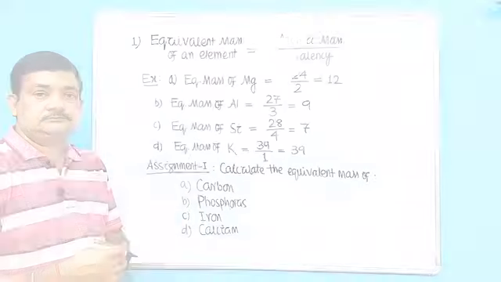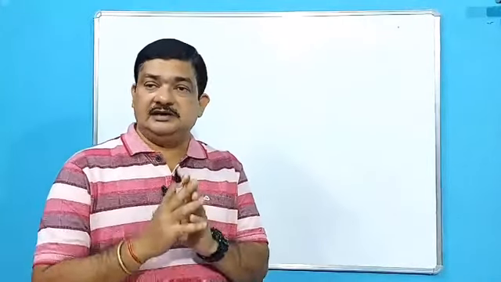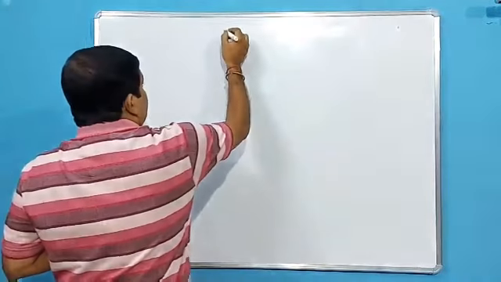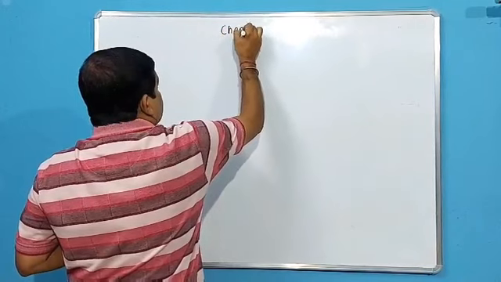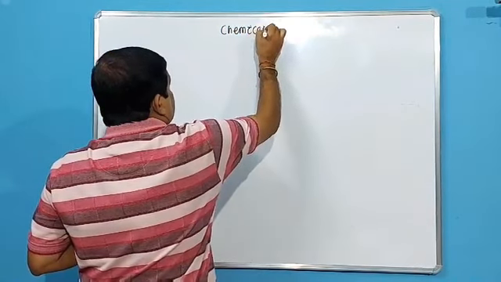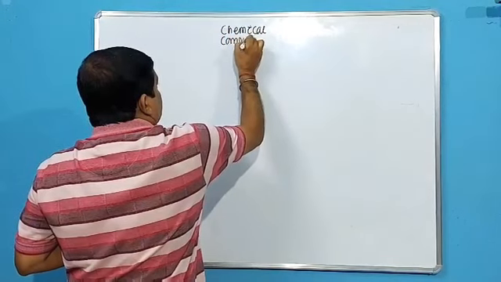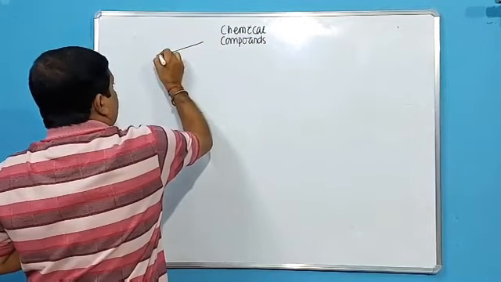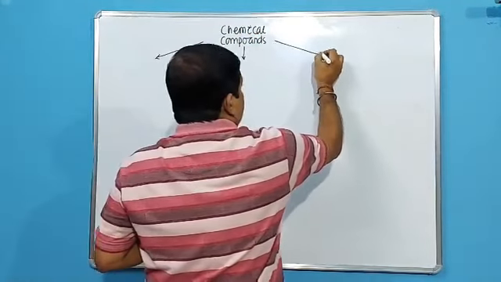Okay. So students, coming to the next formula, you first have to know what is an acid, base or salt. The chemical compounds or chemical substances are broadly divided into 3 parts based on their behavior.